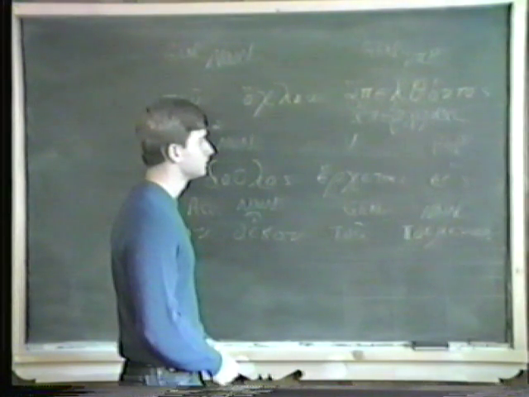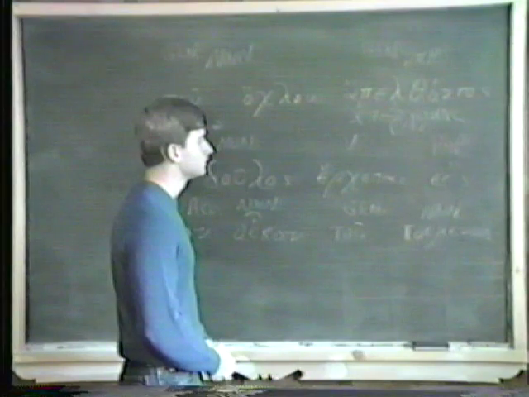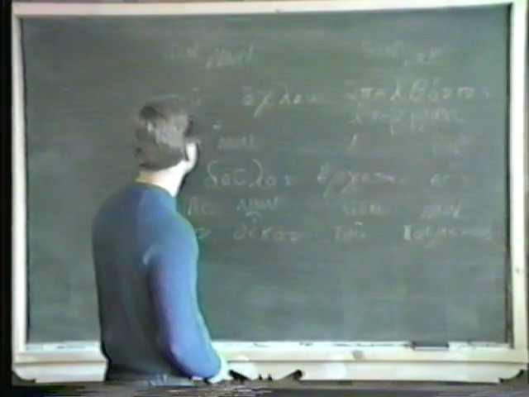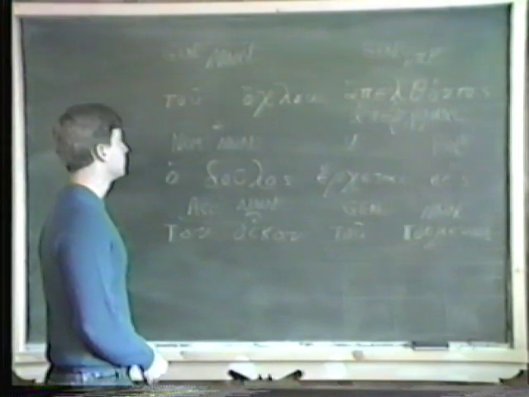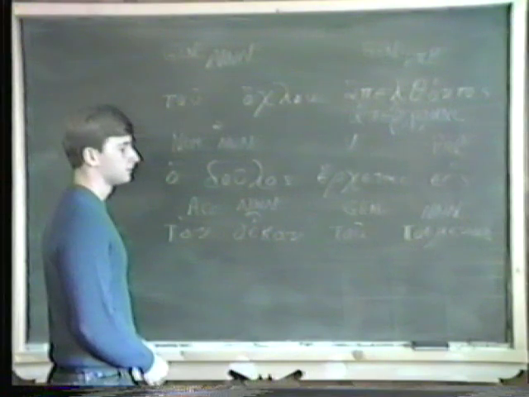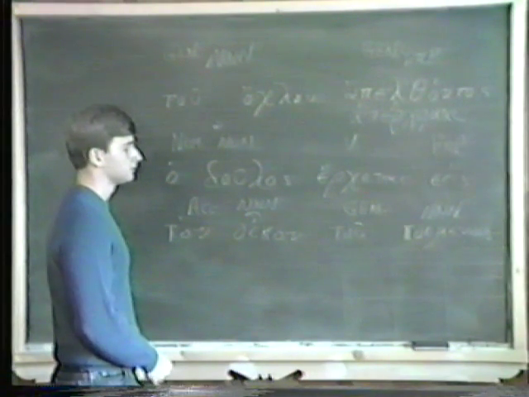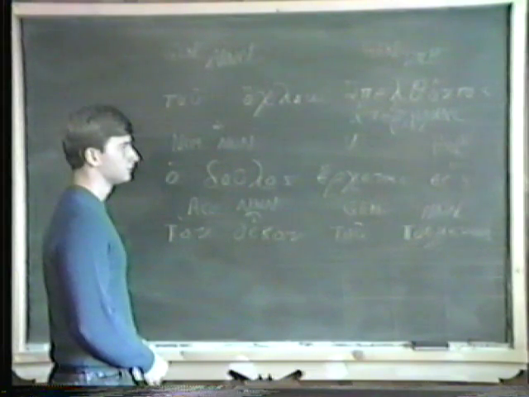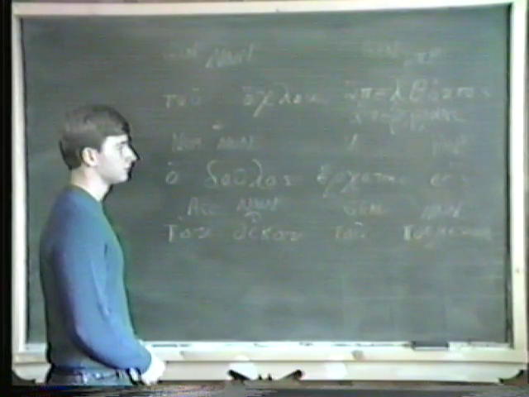Sure I do know that. All right, now then, what is the meaning for tu aklu? Tu aklu is of the crowd. All right, of the crowd. And your genitive is elphantos. How would you translate it there?